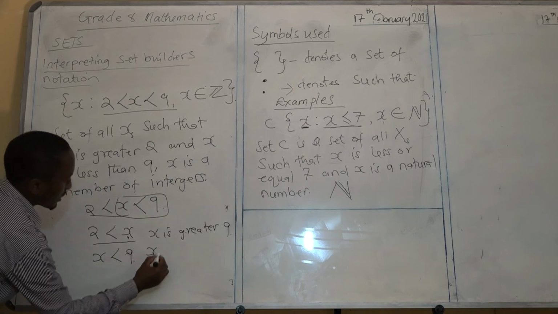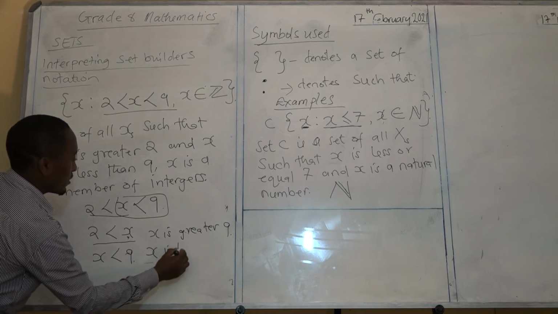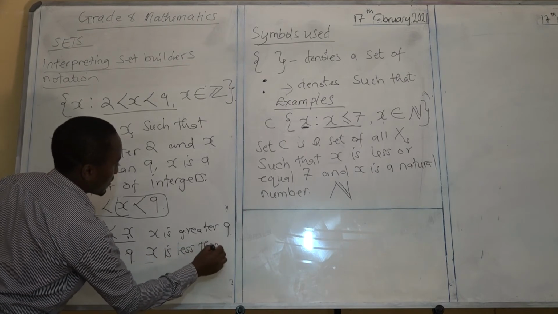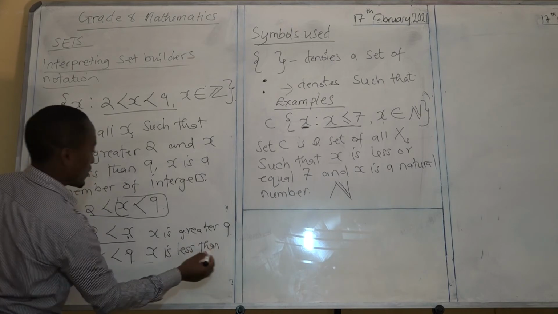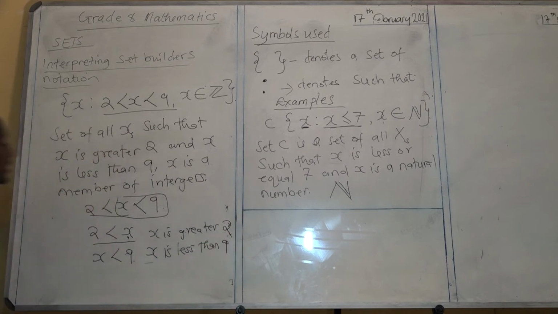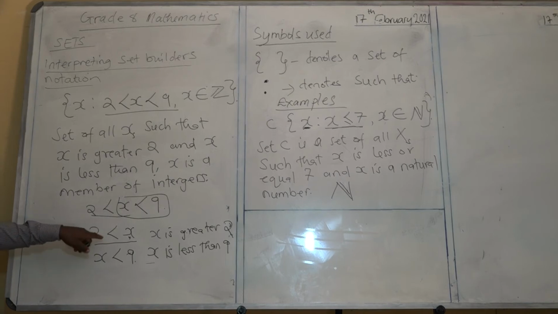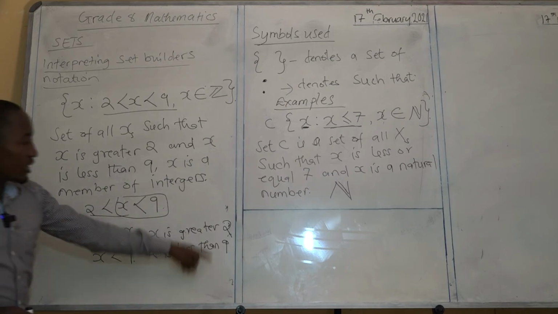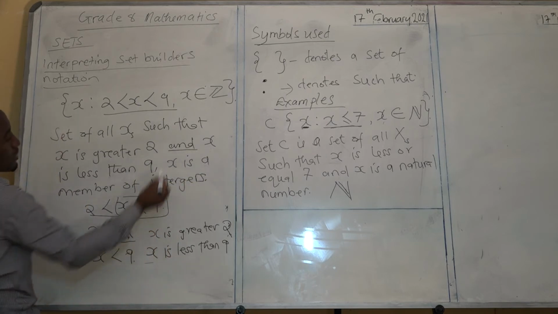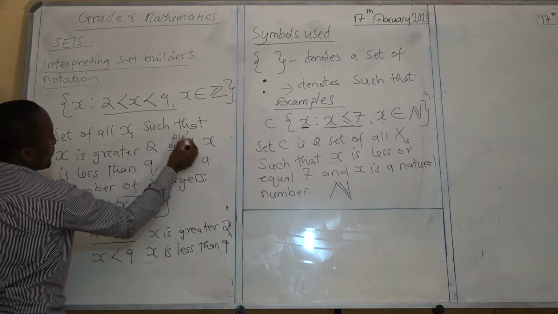So I can say that x is greater than 2 but less than 9. Here where I used "and", you can also use "but".